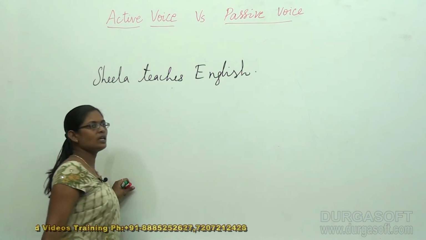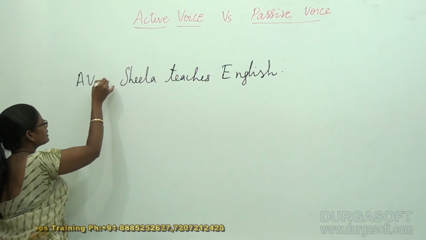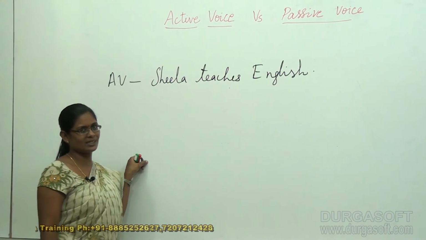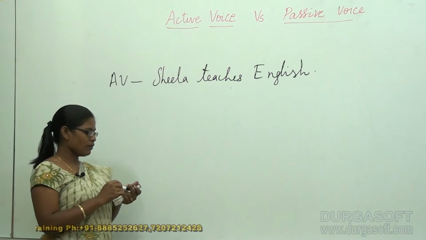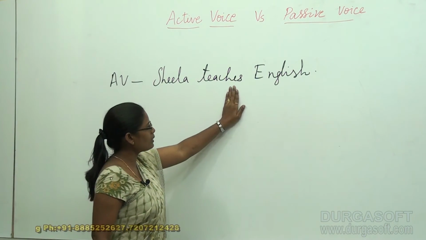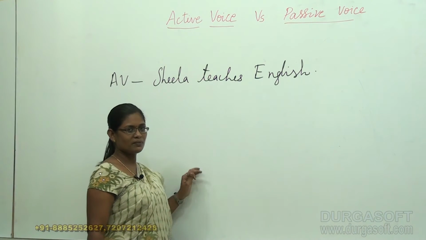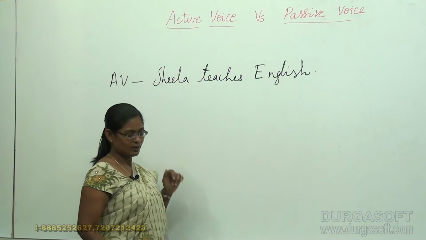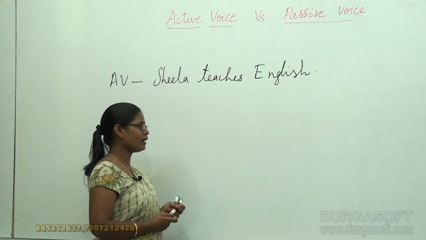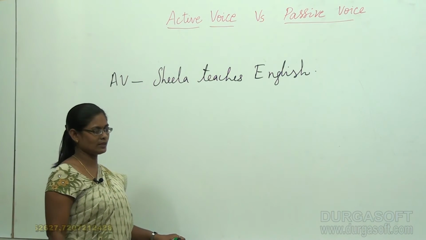Okay, Sheila teaches English, and I said this is my active voice. See, when you look at the sentence, have you come across these types of sentences in our previous sessions? Yes, naturally we had come across these types of sentences in our previous classes.